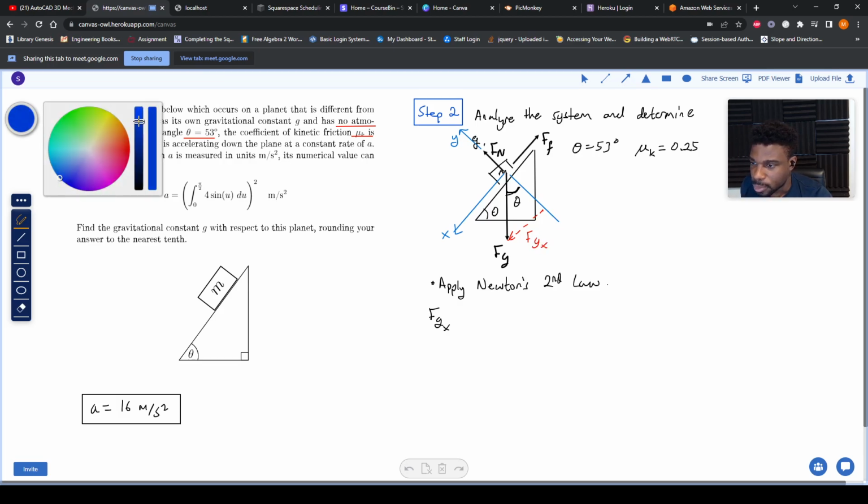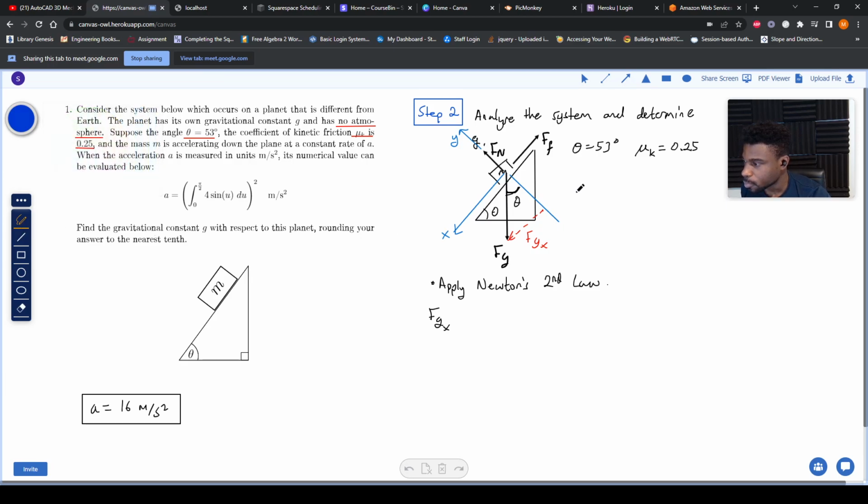And then for Fgy, we can draw another dashed line along the y-axis, right, until you've traveled the same y distance as Fg. So let's just write Fgy in blue over here.